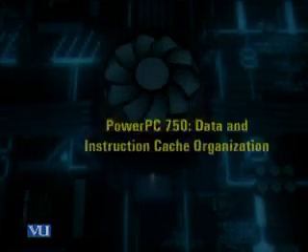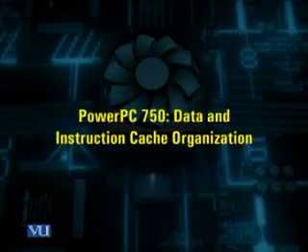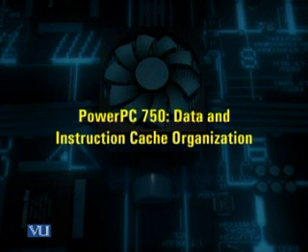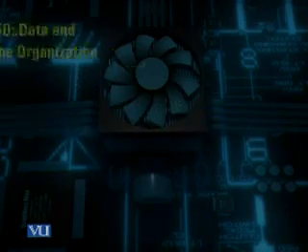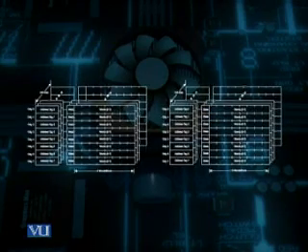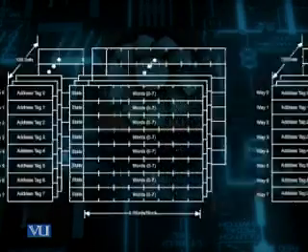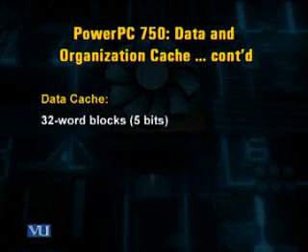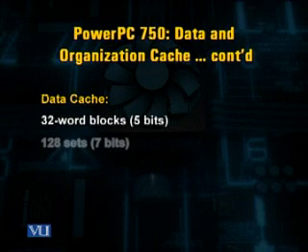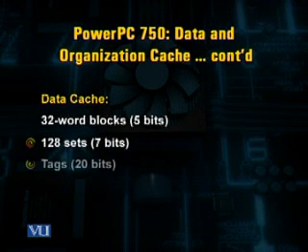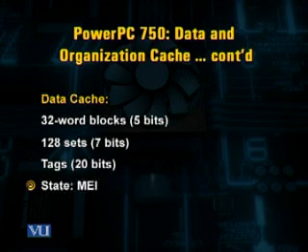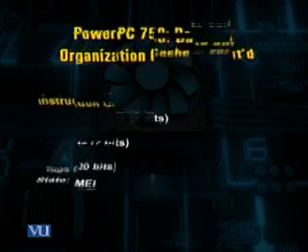Now let us see what is the organization of the data cache and the instruction cache. The data cache, as you can see from here, is organized as a 32-word block cache, and there are 128 sets with 20-bit tag, and it is using the MEI state.